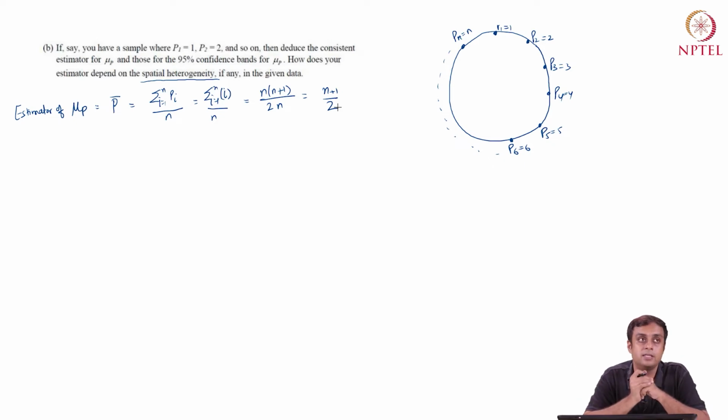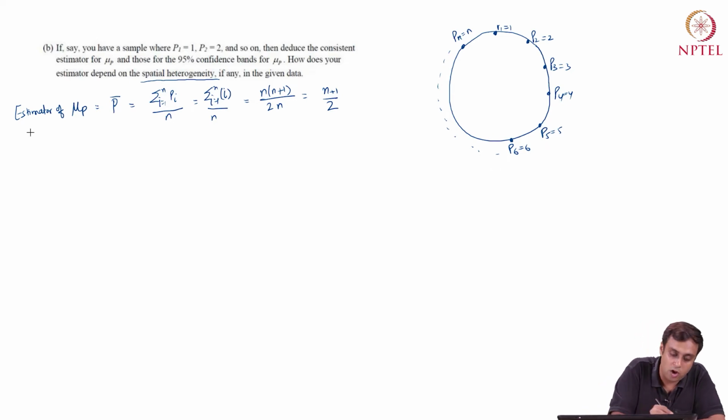So the idea is, if it comes with an error, how do I contextualize that error or come up with a 95% confidence band to have some level of certainty of what is the range of values that mu p can really take as far as its representation by p bar, right?